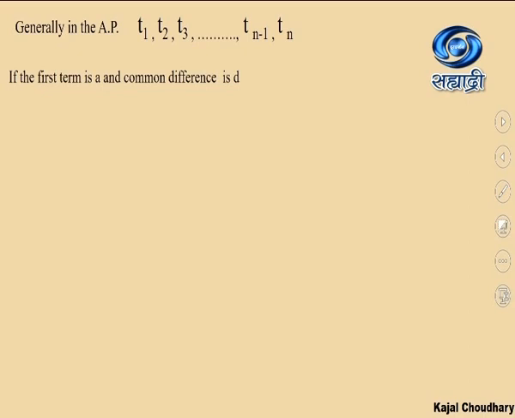If the first term is A, which we take as constant, in the sense that A is denoted as the first term of an AP, and the common difference is denoted as D, then T1 is equal to A, which is actually equal to A plus 1 minus 1 D, right?